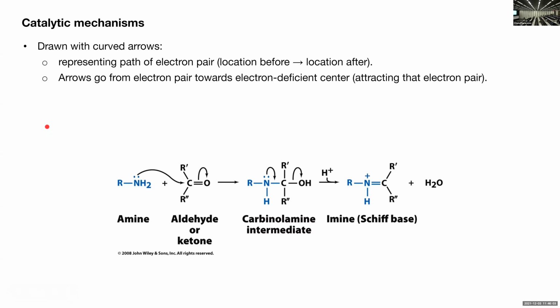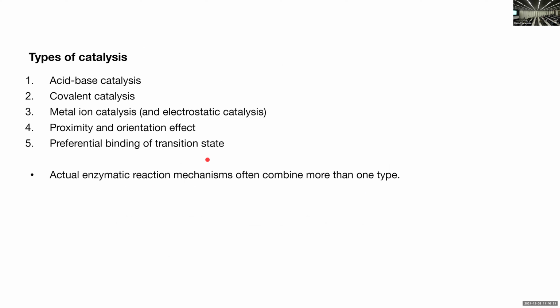And then we moved on to the catalytic mechanisms, how we can actually show these mechanisms, the steps of catalysis, and what kind of things we use, like 2 dots mean something, arrows meaning something, arrowhead, and so on. And we talked quite a lot about different types of catalysis. There are majorly 5 different types.